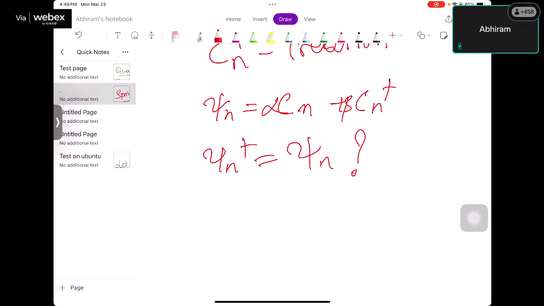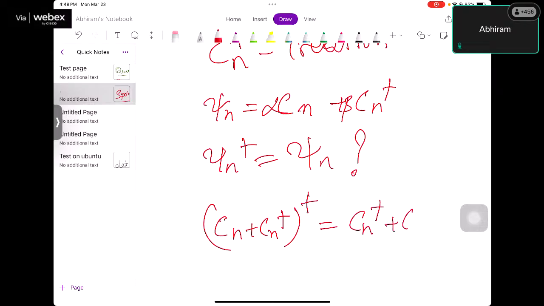Okay, let me tell you the answer. Alpha and beta are numbers that I can choose. Let us say alpha equals beta equals 1. That is one choice. That is Cn plus Cn dagger. Now you take the dagger of this, and it gives Cn dagger plus Cn, because double dagger is the same as the operator itself. So Cn plus Cn dagger equals Cn dagger plus Cn. These are the same, so this is a Majorana fermion.